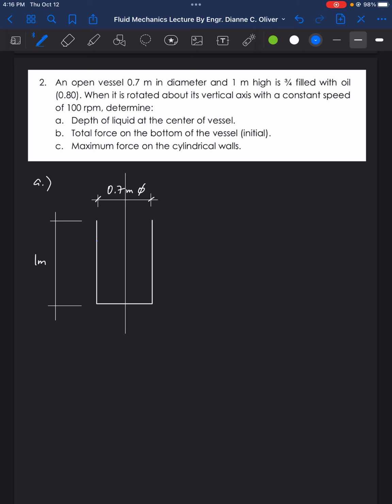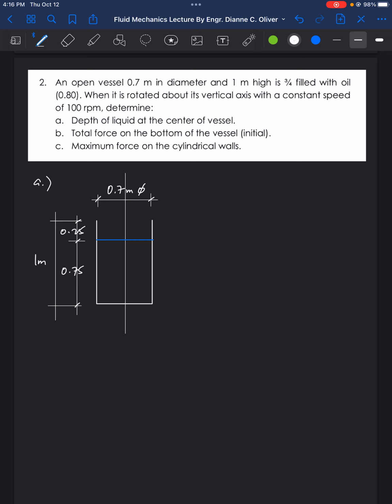So what is 3/4 of 1 meter? It is 0.75, and this is 0.25.